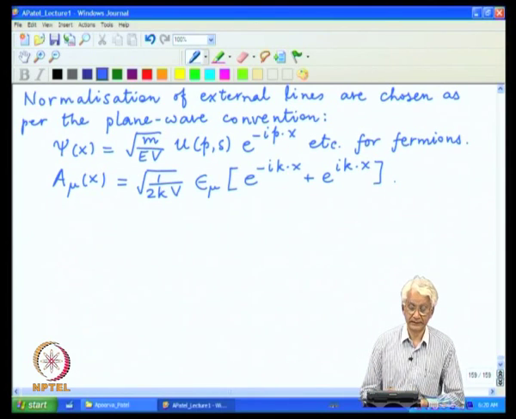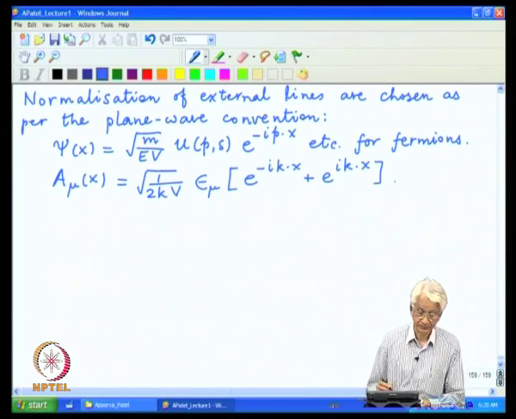So, this is a sort of complete description, quite elaborate in terms of various conventions, but it is sufficient to now do calculation to any desired degree in the perturbation expansion for any process described by the scattering matrix.